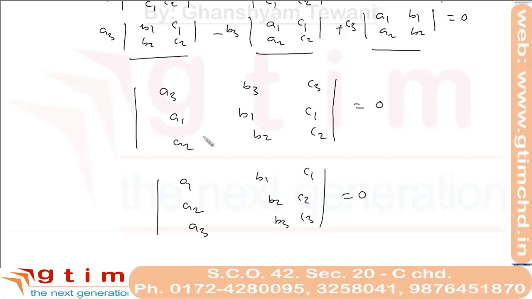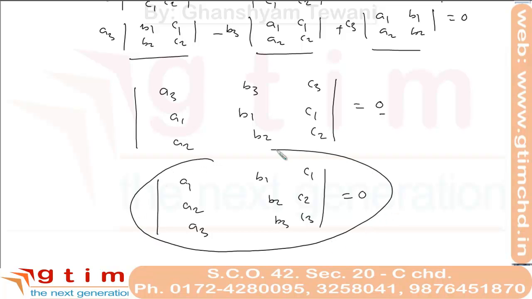In fact, we can take the order of lines as any. It is a property of a determinant: if we interchange rows and columns, and if we have 0 on the RHS, we don't have any change in the equation. So this is the condition for three lines to be concurrent. The determinant of coefficients is 0. The order of rows can be anything.